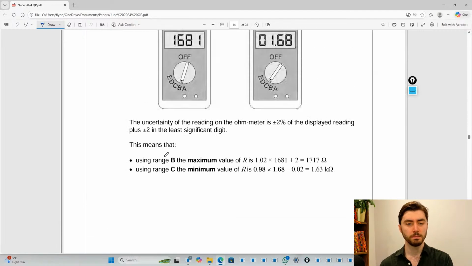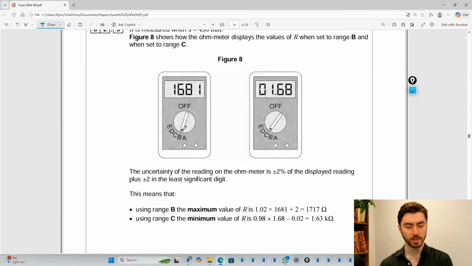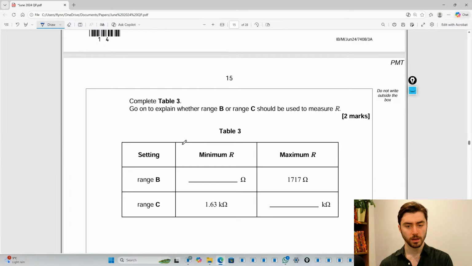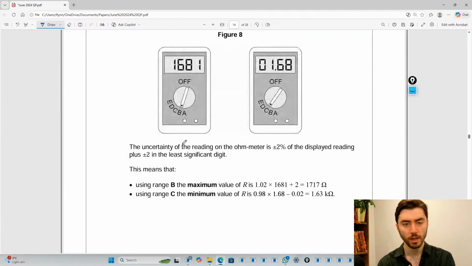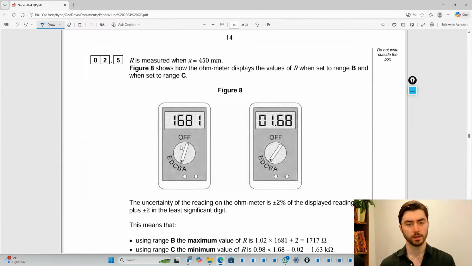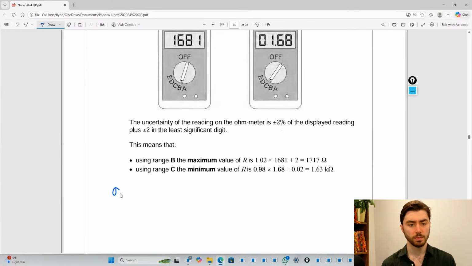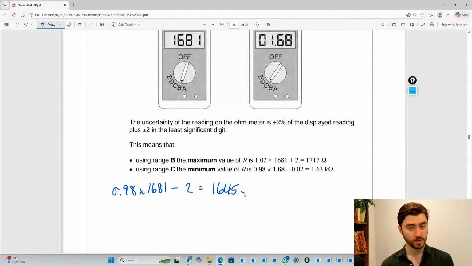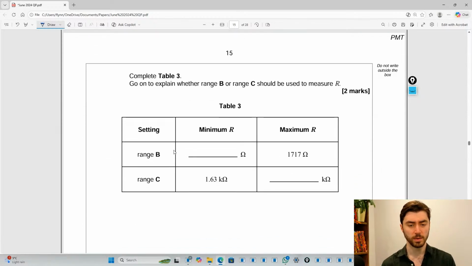So on range B, which is this one, we have the minimum will be 0.98. So 0.98 times the 1681, and then knock off 2 on that will be 1645 ohms on the minimum.